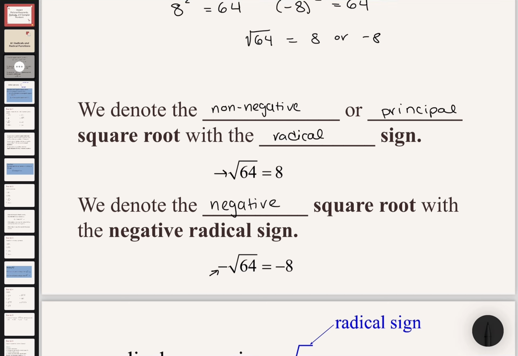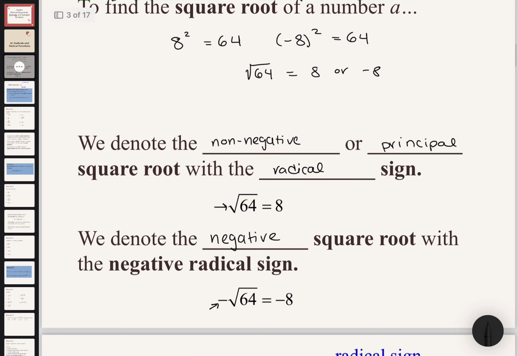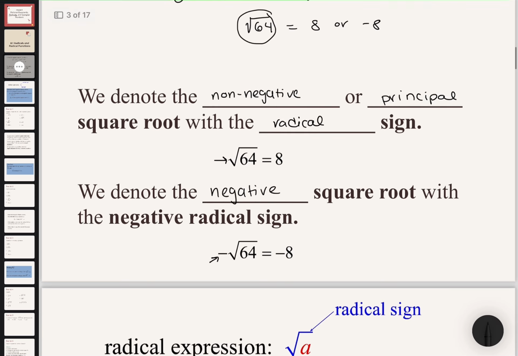So even though officially the square root of 64 could be 8 or negative 8, we tend to try to specify as much as possible. If you just see the radical sign just by itself, that typically is just the principal, the non-negative, the positive one, and we'll try to denote when we want it to be the negative one, the negative 8.